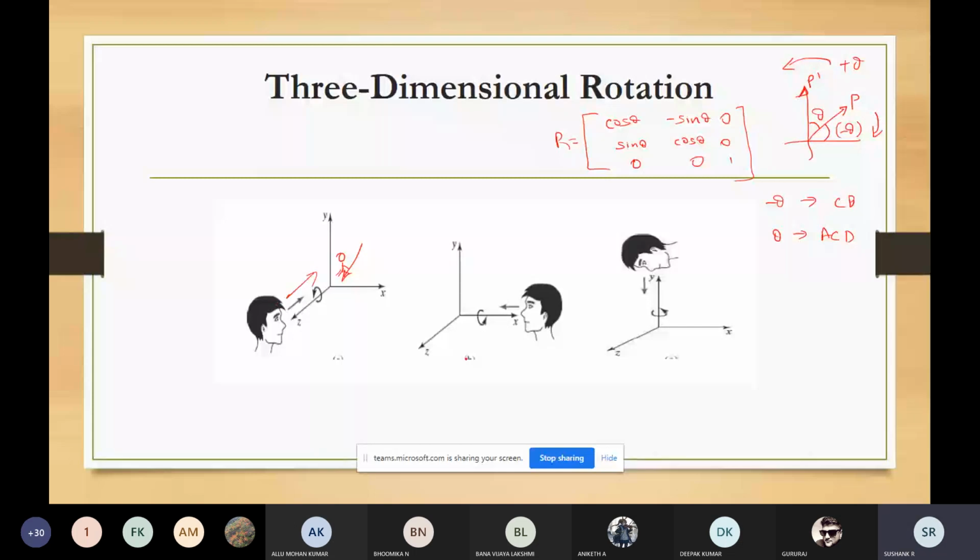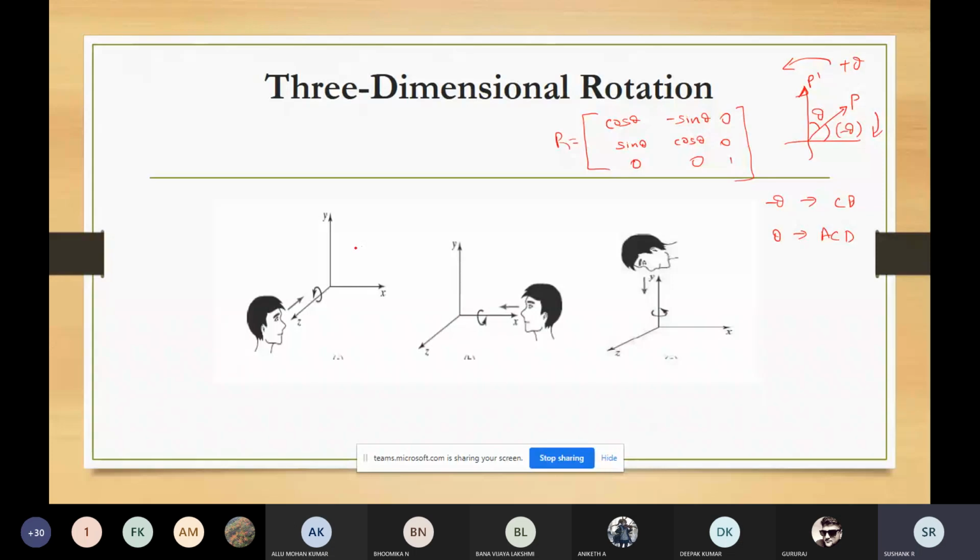So first, we should be clear about the rotation. By the convention followed in computer graphics, positive theta means anti-clockwise direction, and negative theta means clockwise direction. The second thing is that we are looking towards the origin, so our line of sight is towards the origin.